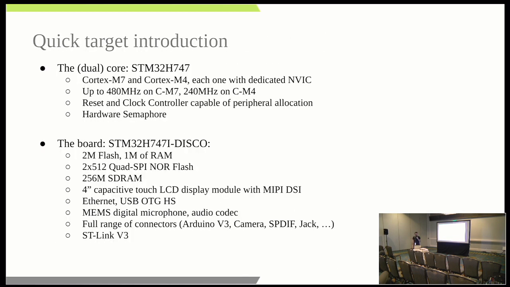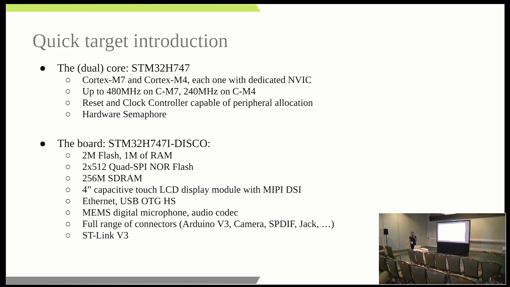So quick target introduction. The SoC is made of two cores, a Cortex M7 and a Cortex M4. The M7 can run up to 480 megahertz, and the CM4 can run up to 240 megahertz.